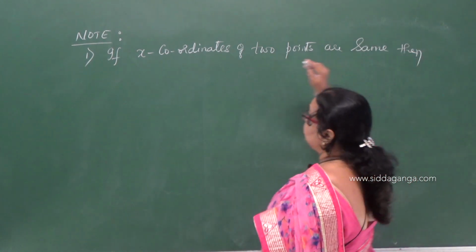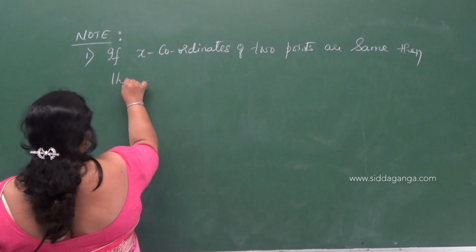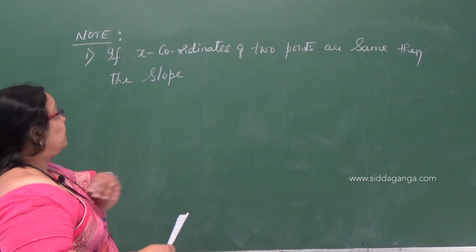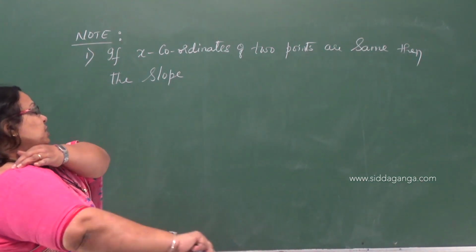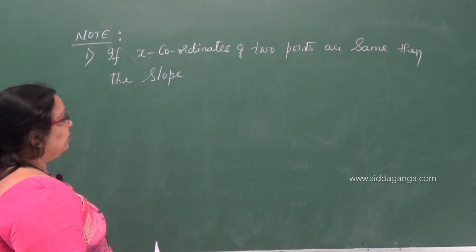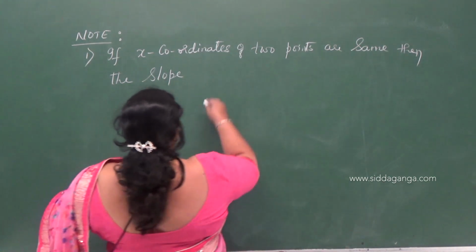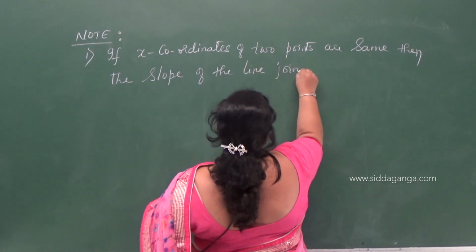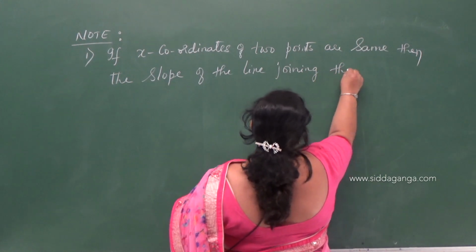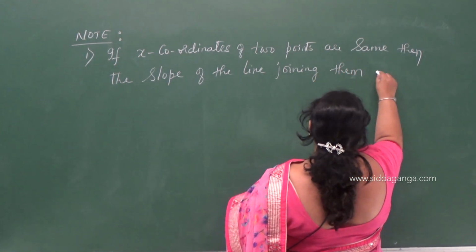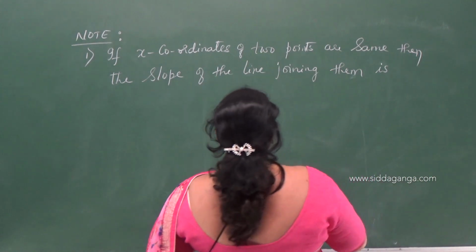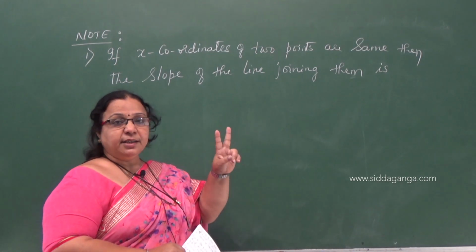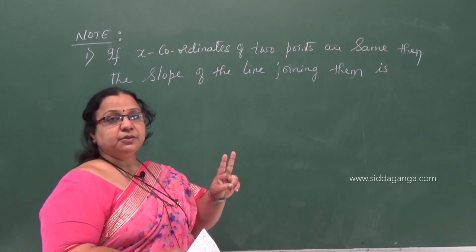then the slope of the line joining them is... note down these points as I go on saying them. If x coordinates of 2 points are same, when we take the difference between them it becomes 0.